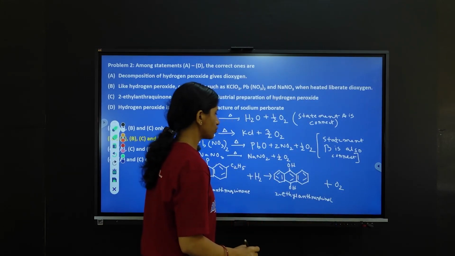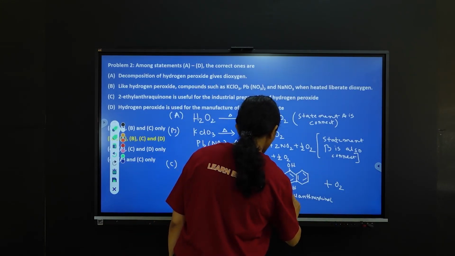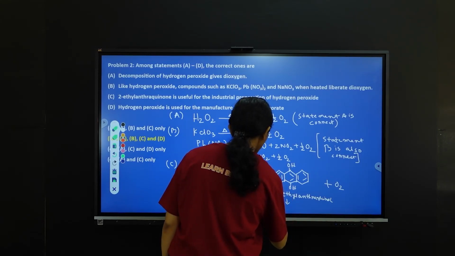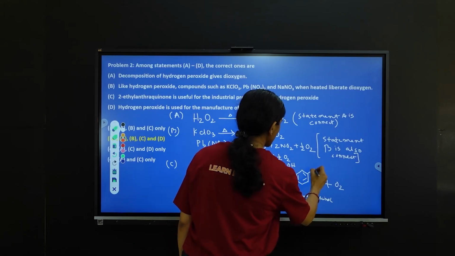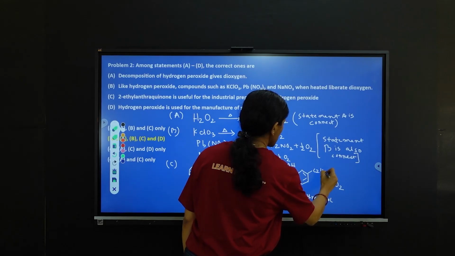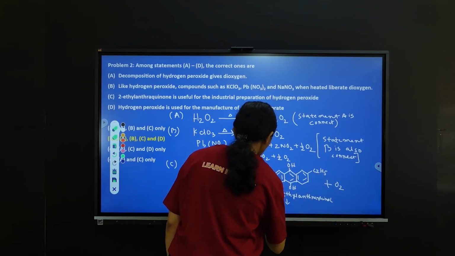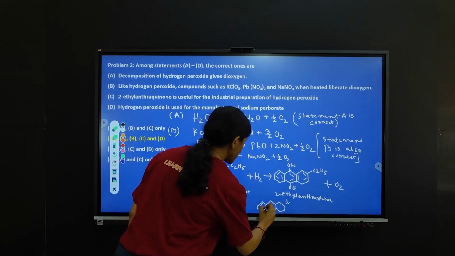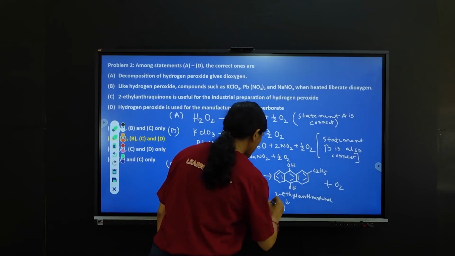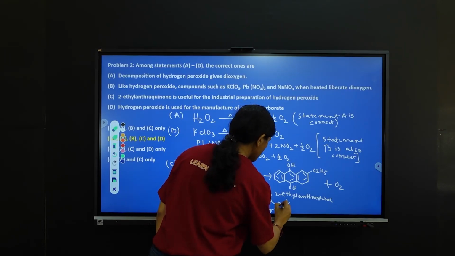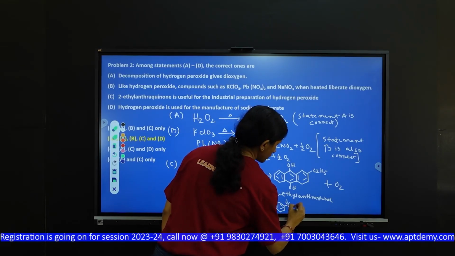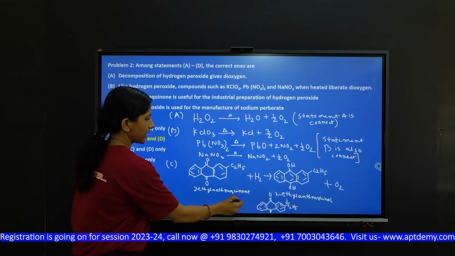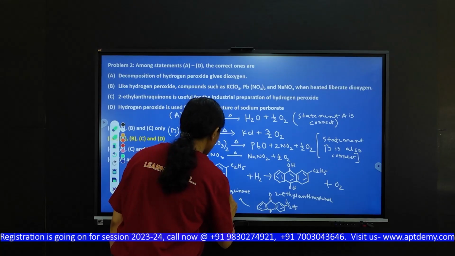When it is reacting with O2, it will regenerate the 2-ethyl anthraquinone. So it will look again like this one, or we can say that 2-ethyl anthraquinone is regenerated.